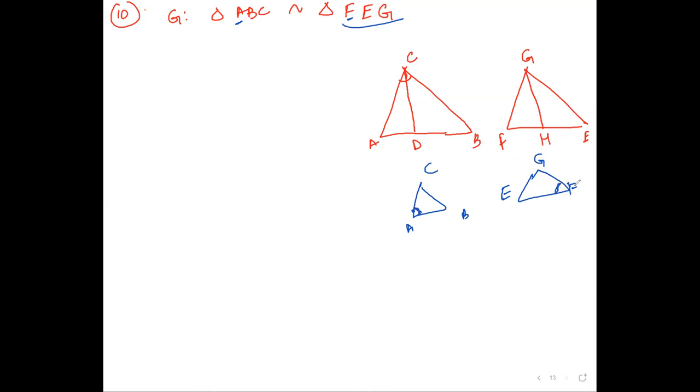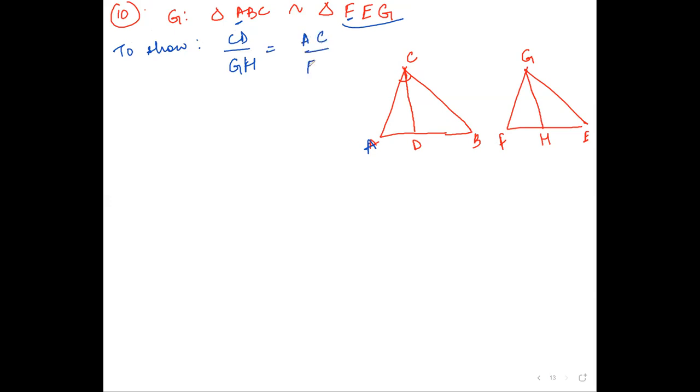So instead of creating confusion, I have started from here, E, F, and G. Have you got the point? Fine. What is given is this, and what you have to prove is that CD upon GH is equal to AC upon FG.